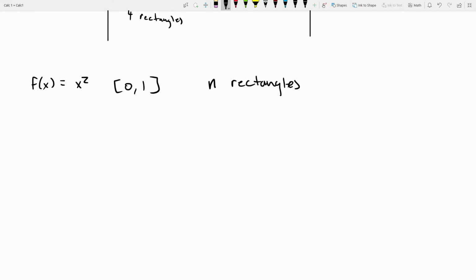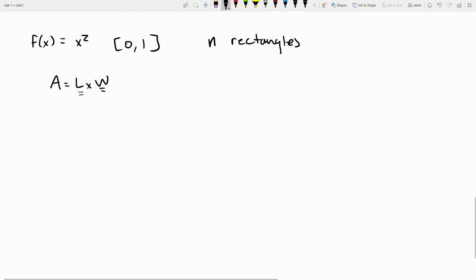The area of each subinterval or rectangle depends on 2 things, because the formula for area is length times width. It depends on the length and the width. So first, let's go on about width. The width for each rectangle really depends on how many rectangles we have.